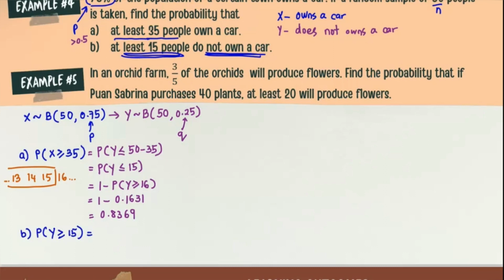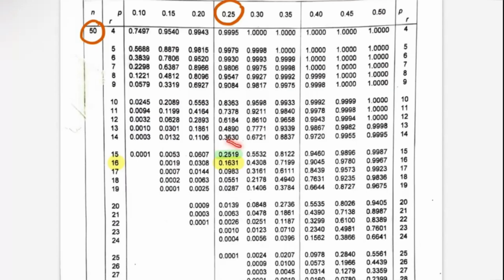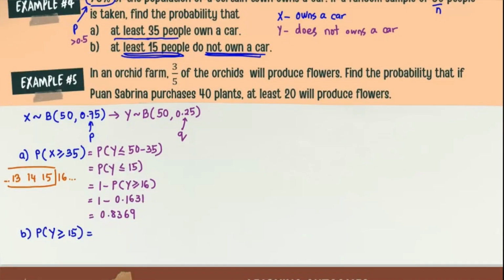At least 15 do not own a car, which happens to be our Y. So we can refer directly from the table since it is already greater than or equal to, which is the answer for 15: 0.2519. Settled. This one is for example 4.